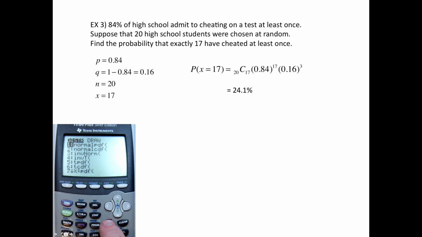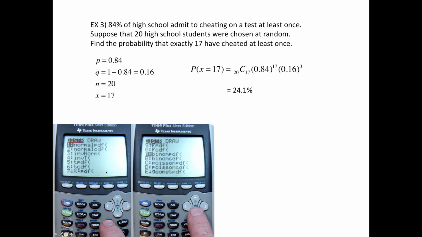And then it should look like this, distributions, and then scroll down until you find the binomial probability distribution function. Once you scroll down to A, you hit enter.